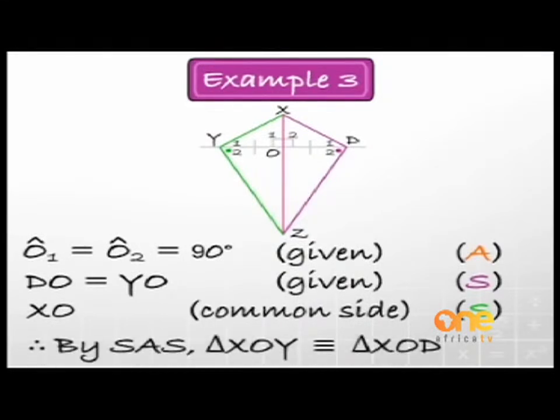So, by the side angle side condition, triangle XOY is congruent to triangle XOD. Please note, the reason we use the side angle side condition is because the 90-degree angle in both of those triangles is the included angle. That is, it is the angle between the two sides.